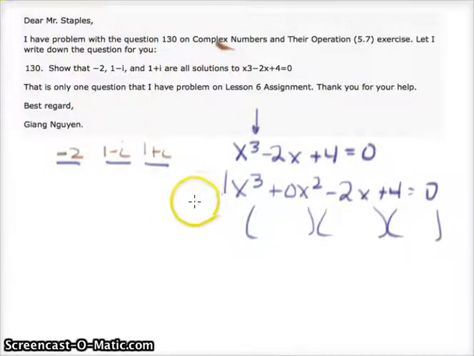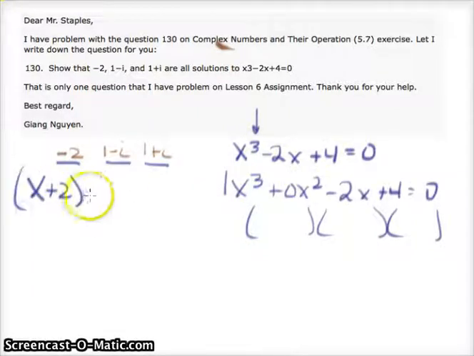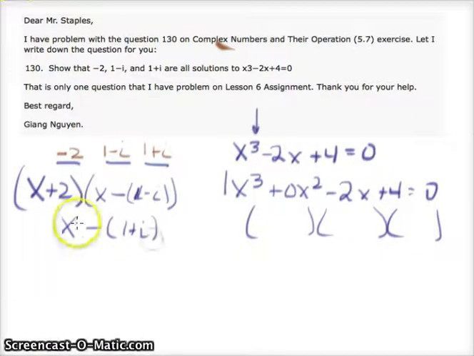They're all solutions. If that's true, then x plus 2 is a factor, x minus 1 minus i is a factor, and x minus 1 plus i is a factor.